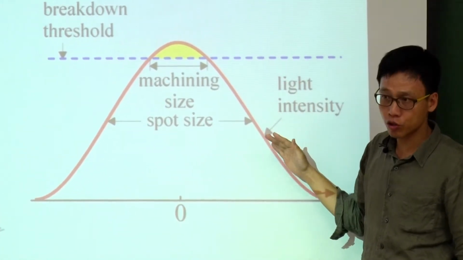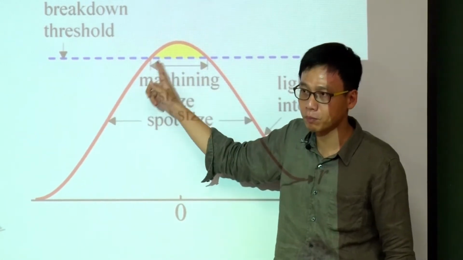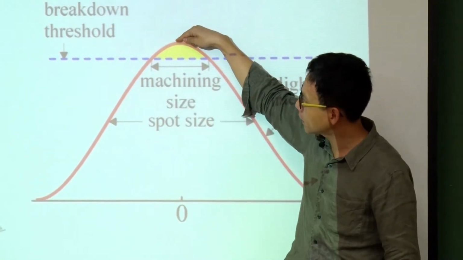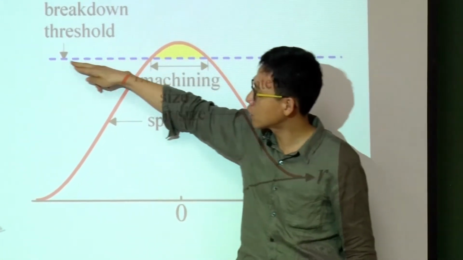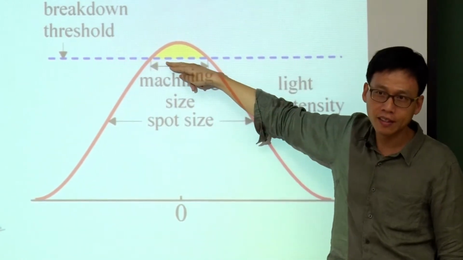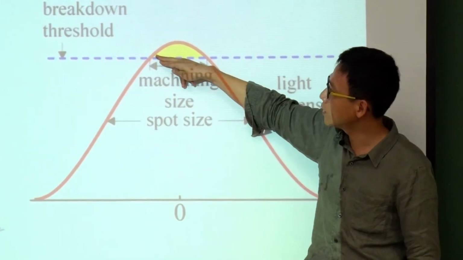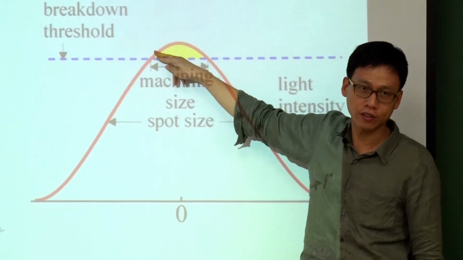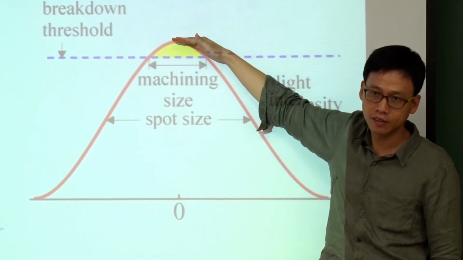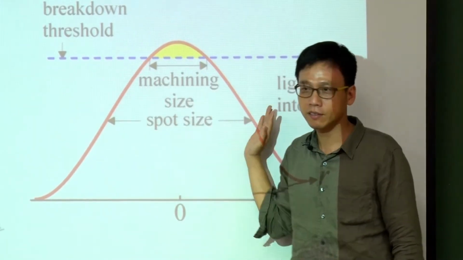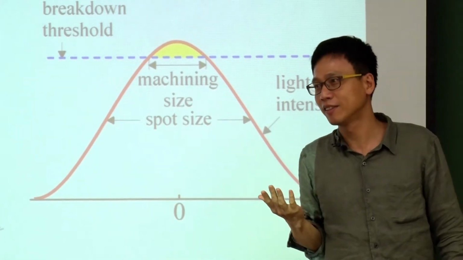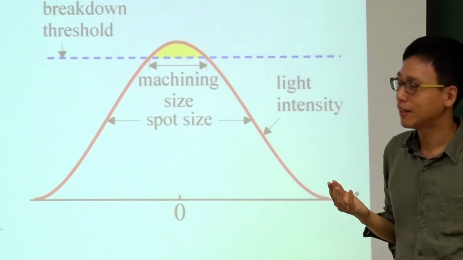If you control your light intensity such that the peak intensity is very close to the threshold, then only this area has reaction because it's above the threshold. For the remaining, there is no reaction. Okay?